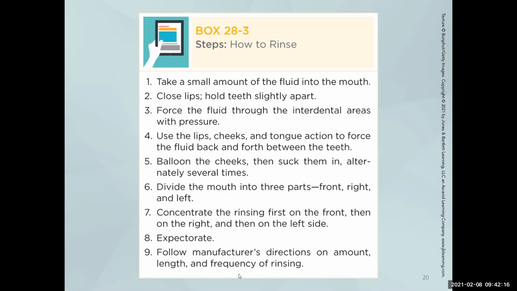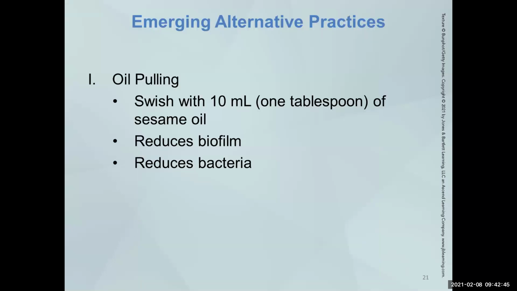Because as we're swishing, saliva is being incorporated into the swish and it's diluting it. But for our purposes in clinic, a 30-second mouth rinse with whatever we deem necessary for the patient. The non-alcohol mouth rinses do not work as effectively as bactericidal as the alcohol-containing rinses. But again, the best thing the patient can do is brush and floss.